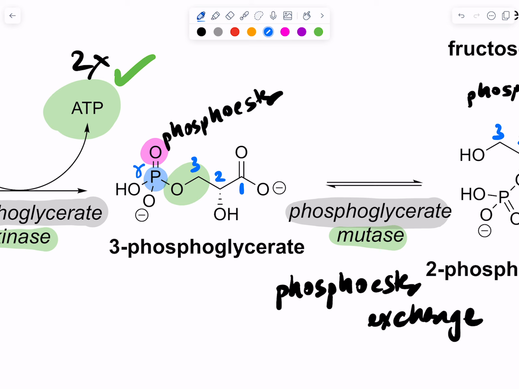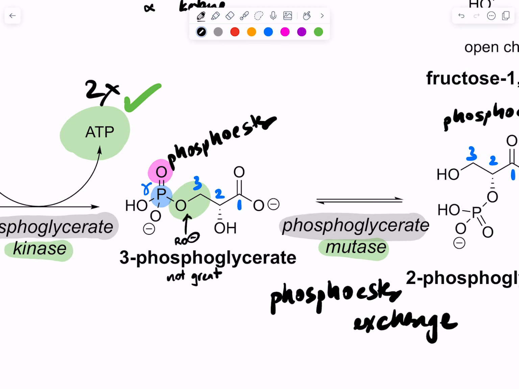We want to do another kinase style reaction to regenerate ATP by having that phosphate attached to a good leaving group. The problem here is it's currently a phosphoester, and the leaving group would be OR minus, which is tolerable but not great.